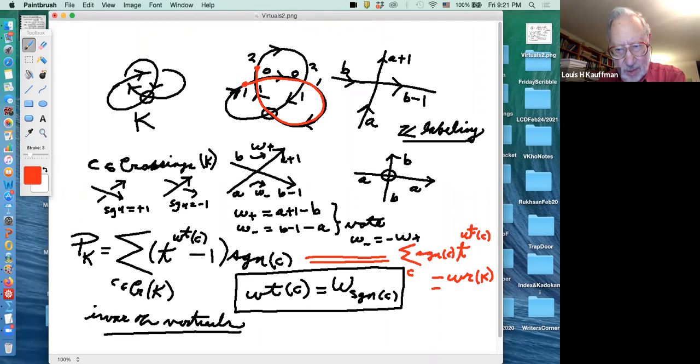So it is writhe compensated in that way. And you can think of just putting down sign of crossing, t to the weight of crossing, like that, if you're calculating it. Now we're going to need another board in order to do the calculation, so let's do that.